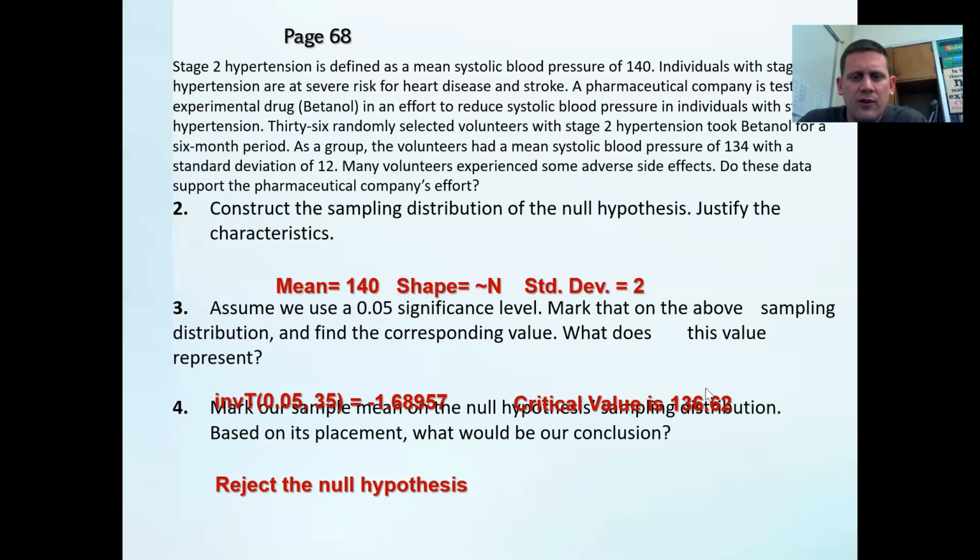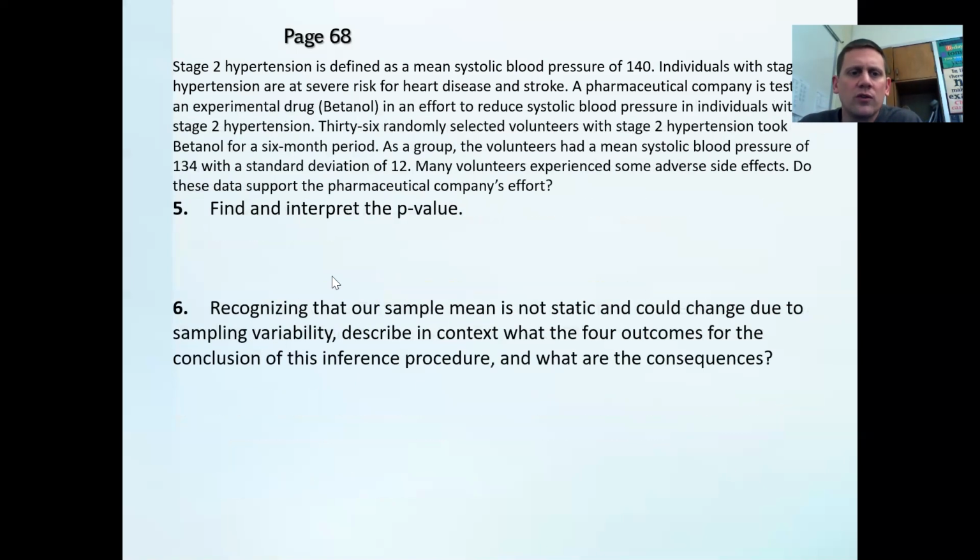I know we haven't done a whole lot with this, but there are two different ways to look at it. You can look at it as the test statistic being further away, or you can look at it as the p-value being smaller. Either way works. So we have to find our p-value, and we would use our formula to do that. T equals 134 minus 140 over 12 over the square root of 36.